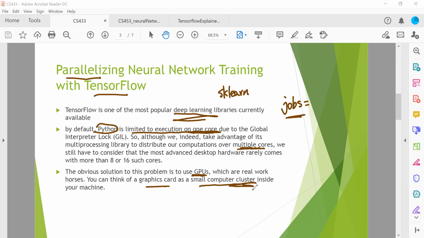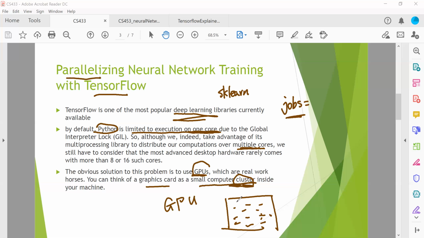When you learn cloud computing, you learn the cluster concept, so you can view a GPU as a kind of cluster within the machine. And because it's a graphics processing unit, with graphics, just think about it, it's all pixels.